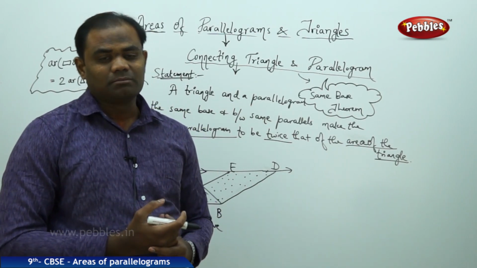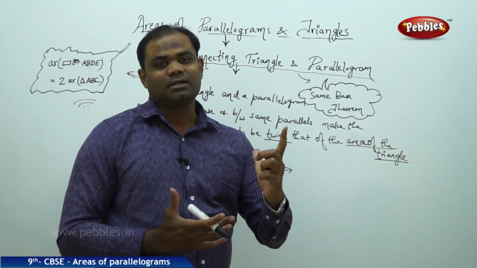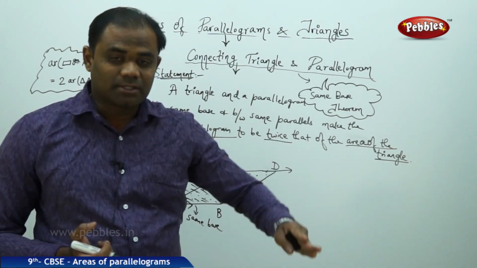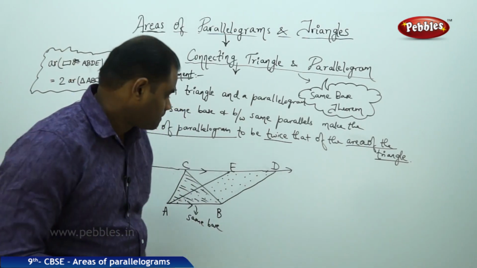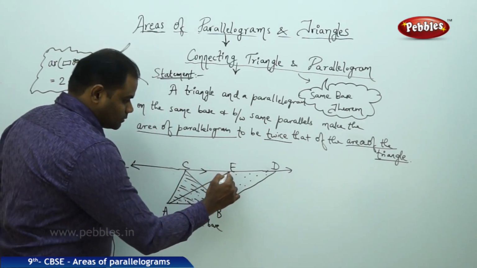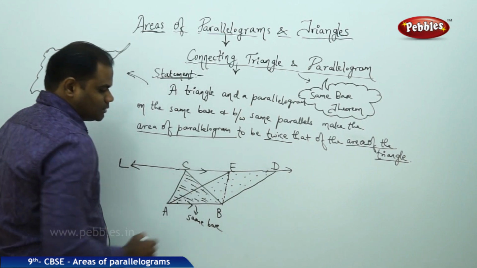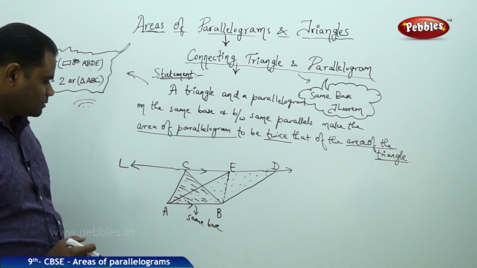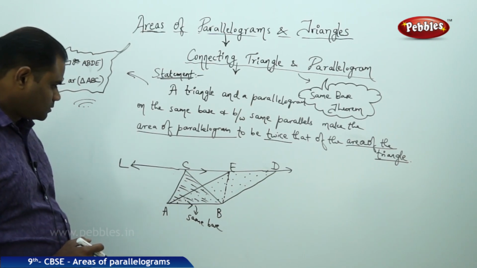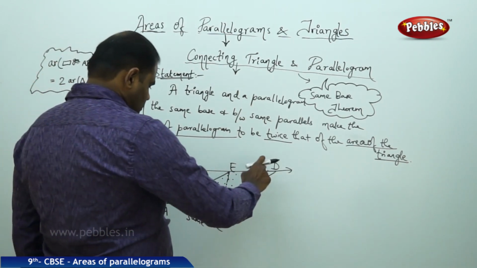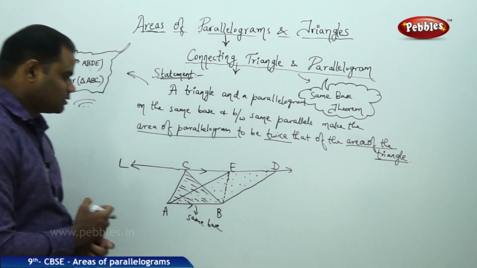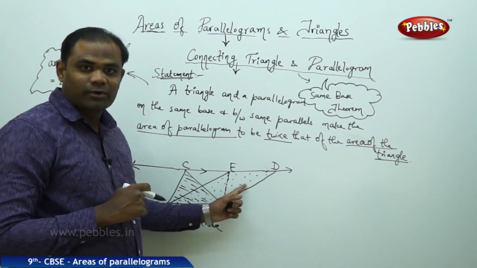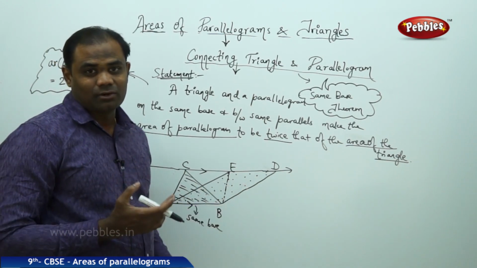It's very simple, because a parallelogram is a four-sided figure whose diagonal divides it into two triangles. Say for example, I join the diagonal BE. So here I observe that there are two triangles, and we know that the two triangles are congruent in case of the parallelogram.